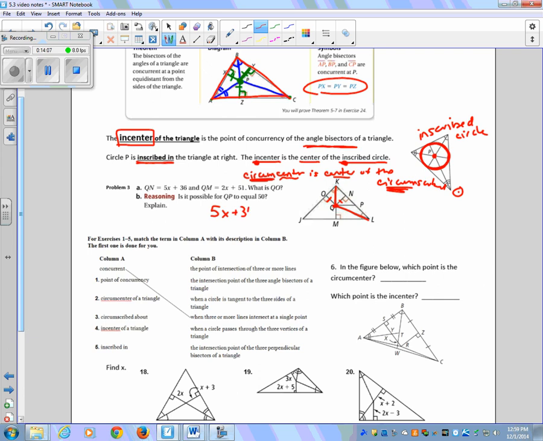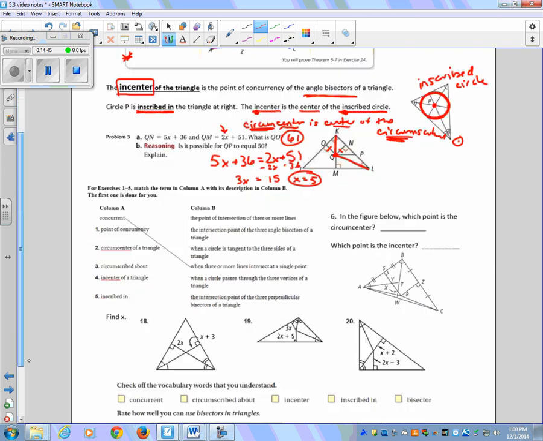So 5x plus 36 equals 2x plus 51. And then you would solve this, and you would get 3x equals 15 or x equals 5. If x equals 5, we would plug back into these equations. 2 times 5 is 10, plus 51 is 61. So QO would also be 61 since they're equidistant, based on our theorem here of the angle bisectors.